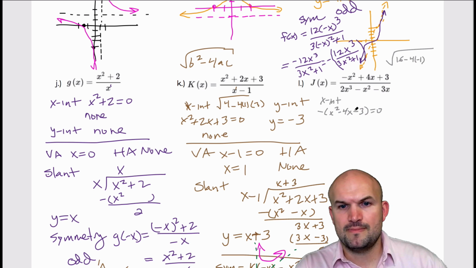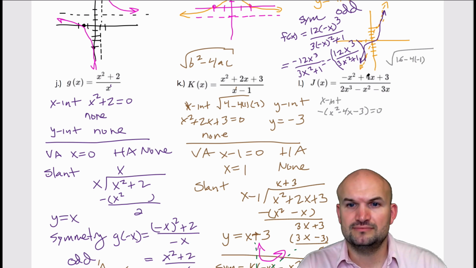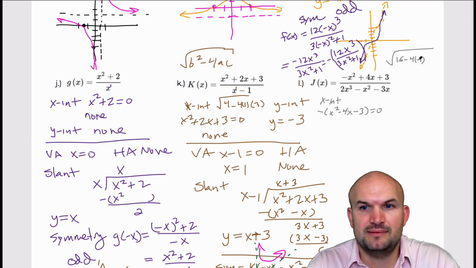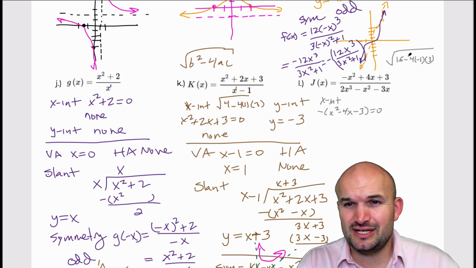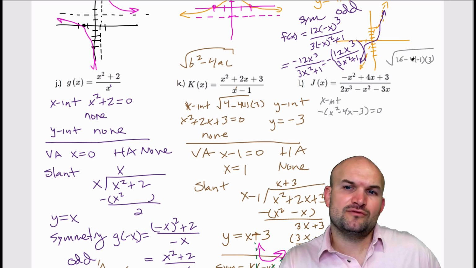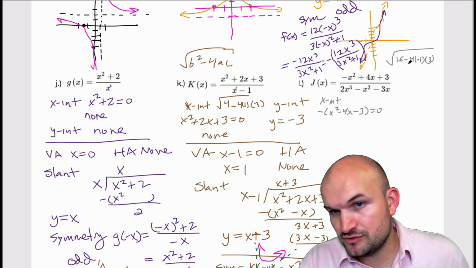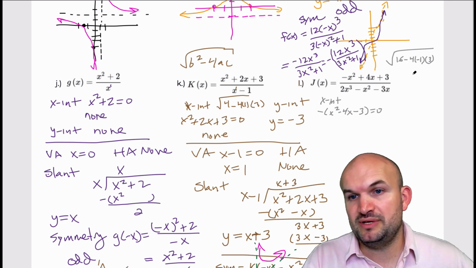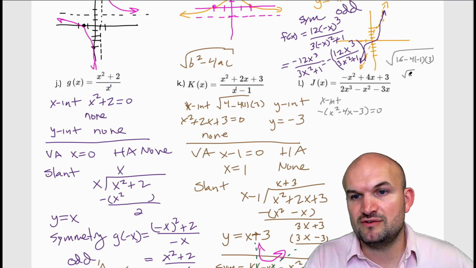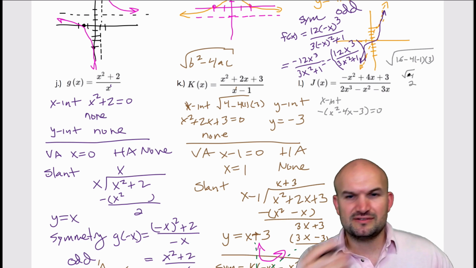Oh, crap. No. Yeah, it's a. So b squared minus a times 3. And you can see here, I have -4 times -1 is +4. +4 times 3 is going to be 12. 16 minus 12 is going to be 4. So I'm going to have the square root of 4, which is 2. So that means that is factorable.